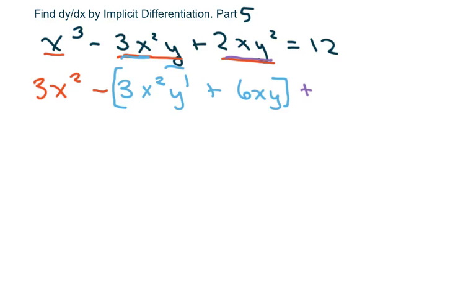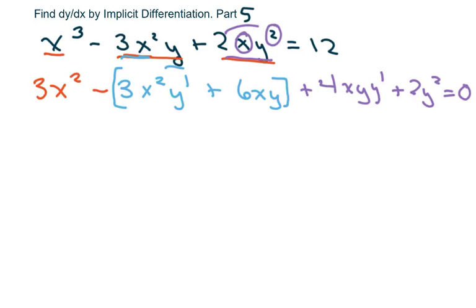So if we do the y, you're going to get 2 times 2 is 4, so that's going to be 4xy, and then you have the derivative of y. And then let's just do the x part. The derivative of x is just going to be 1, so you're left with 2y squared. So I just took the derivative of that. Alright, and then this equals 0, because the derivative of 12 is 0.